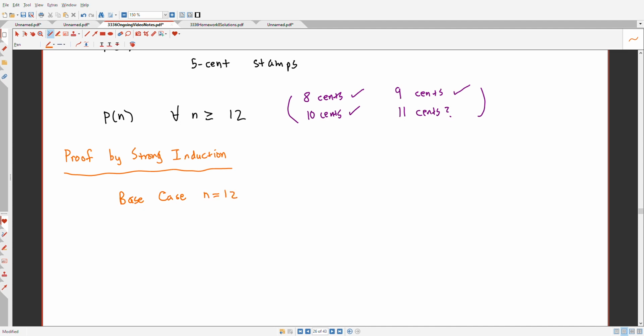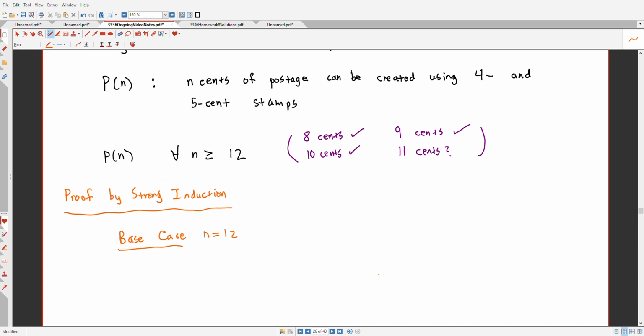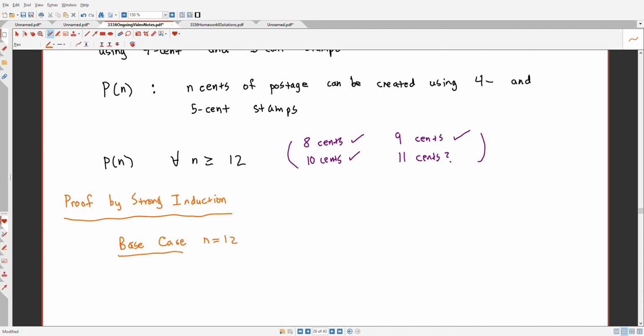For this one, the claim doesn't start at 0, it starts at 12. So what we want to show is that 12 can be created using non-negative multiples of 4 and 5. And this isn't too hard because we can write 12 as 3 4-cent stamps, so 3 times 4, and 0 5-cent stamps. So that claim is true.